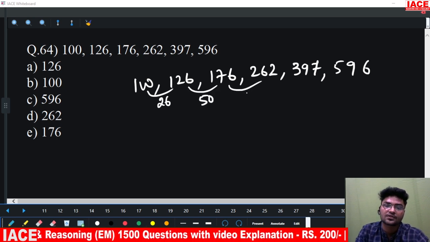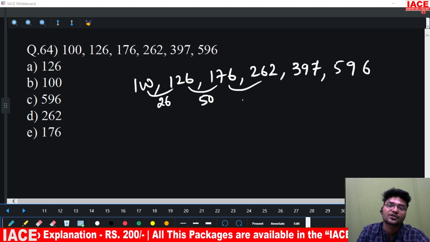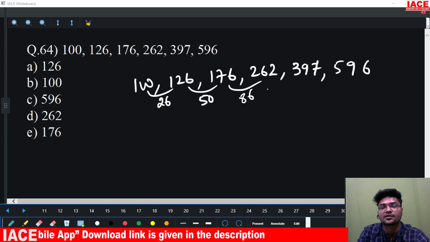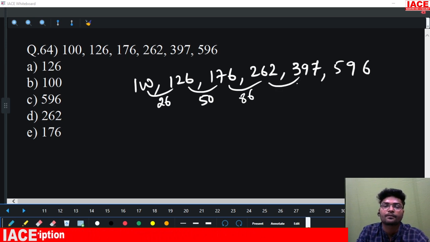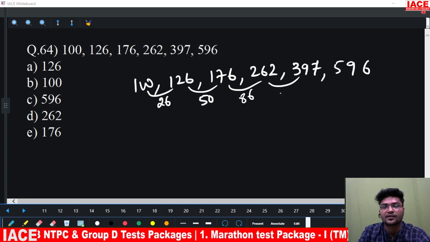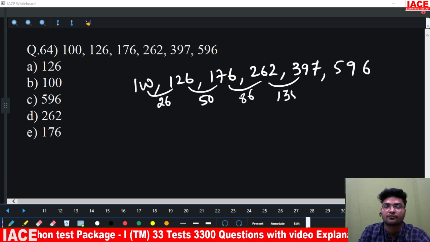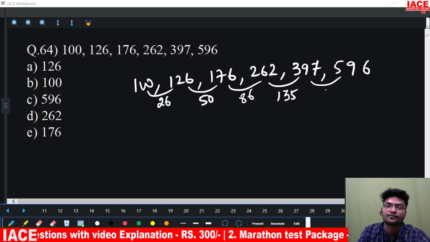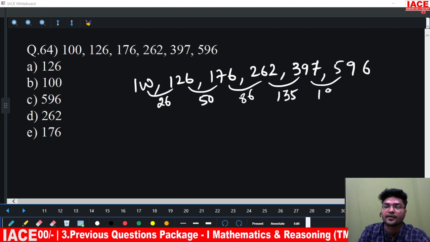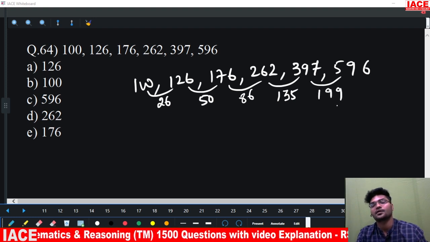Next, 176 to 262, 62 plus 24, this is 86. Next difference, 138 minus 3, 135. Again, the difference 397 to 596 will be 199.